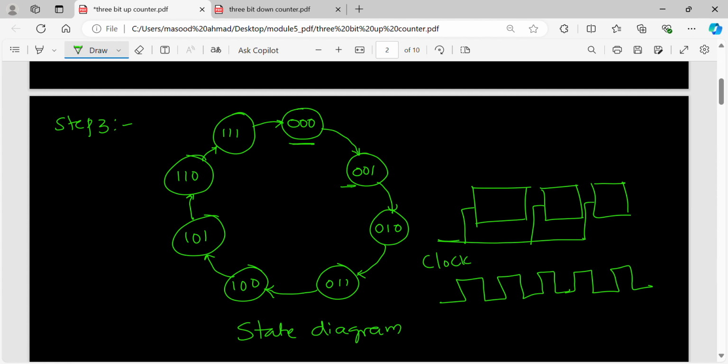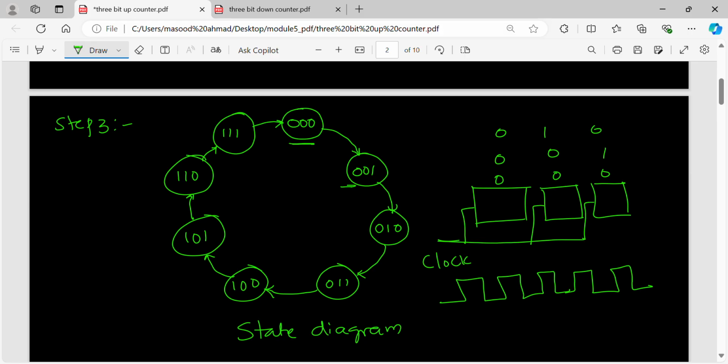Initially the content is 000. Next it has to become 001, next it has to become 010. Likewise, it has to change the content of these flip-flops.